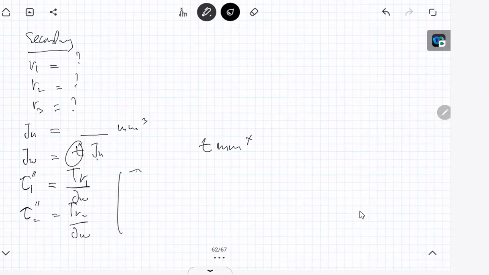Sama juga untuk point 3, TR3 JW. So all dia dapat value kan, tadi sebab the T kat sini JW, so akan dapat 1 over T megapascal. So all 1 over T variable.